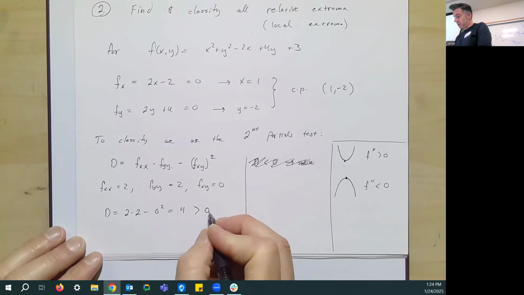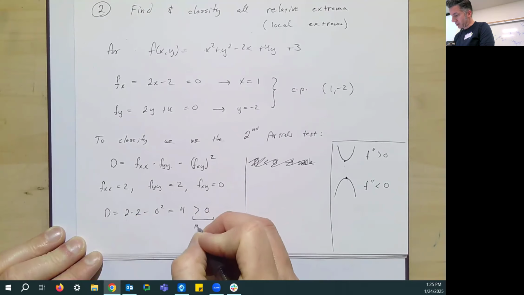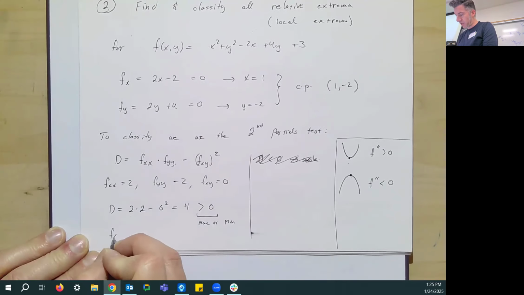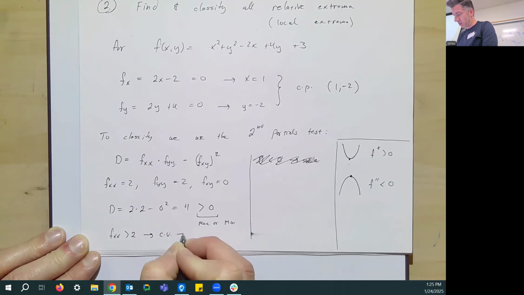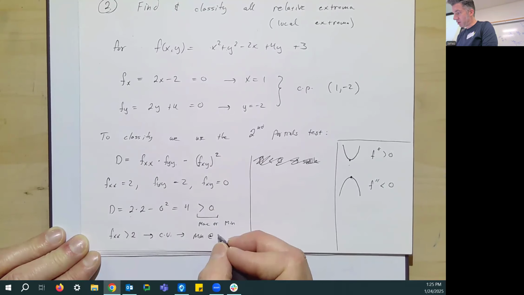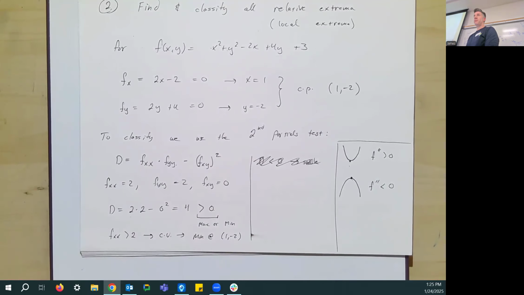So D being positive means you have a max or a min. And then we check and say, oh, wait, one of my second derivatives is positive, which means we are concave up, which means we have a minimum at the point 1, negative 2. We'll write down kind of the rules in a second here. So that's the idea.